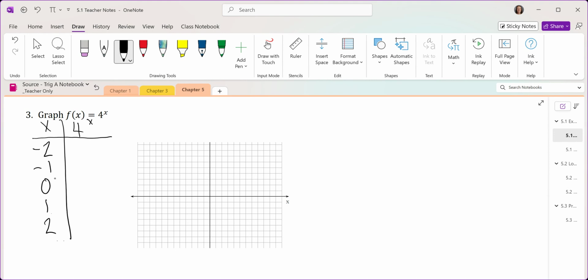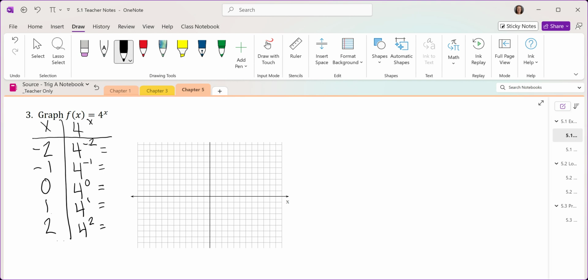So you're just going to put these numbers in there for x. And you would have like 4 to the -2nd, 4 to the -1st, 4 to the 0, 4 to the 1, and 4 to the 2nd.